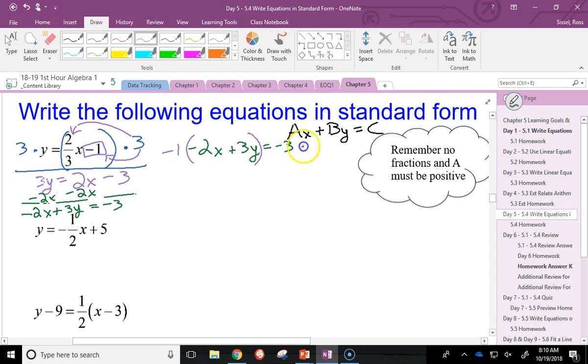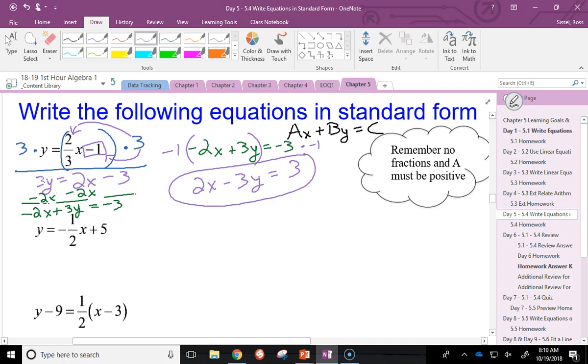So I have to times this side by negative 1. Remember, we times by 1, that's the identity property of multiplication. The numbers stay the same, but since I did a negative, it just changes the positive and negative. It would be 2x minus 3y equals just 3. And then that is our solution.